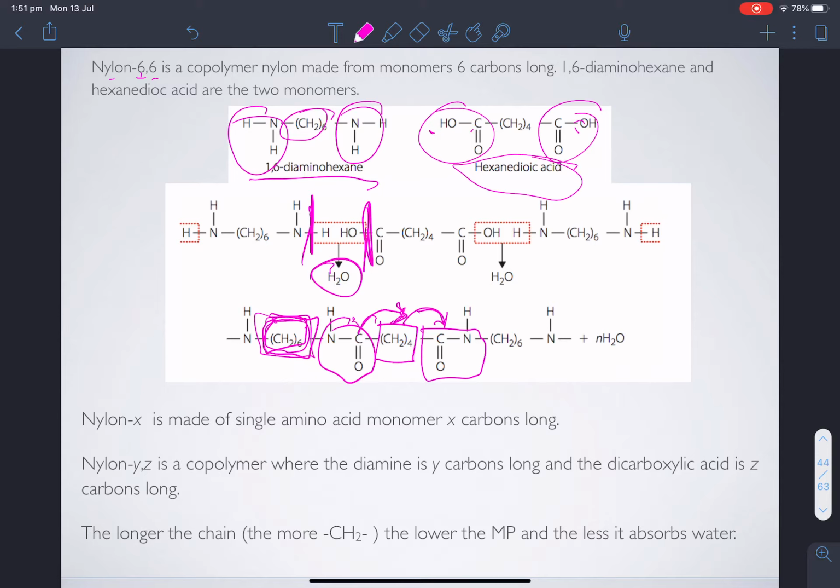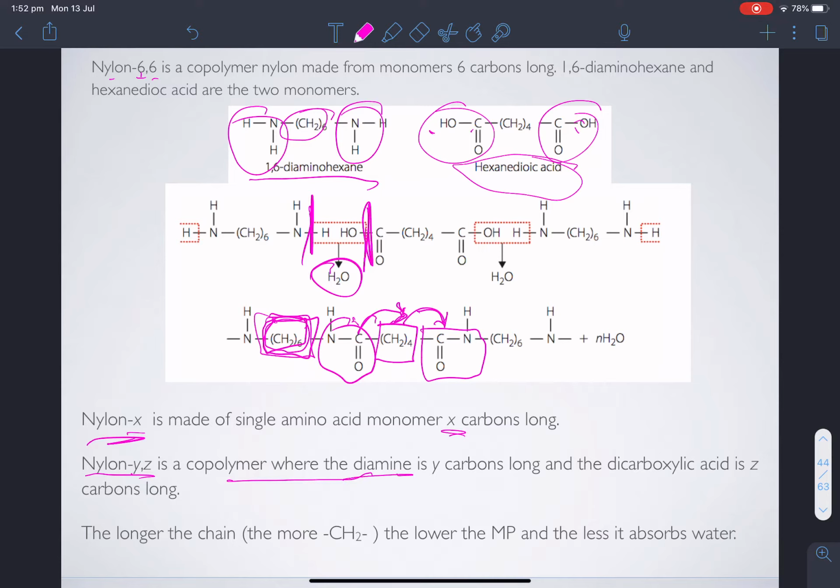The first one is the diamine, and the second one is the dioic acid. So nylon 6,6 is made from 1,6-diaminohexane and hexanedioic acid. So nylon X in general is made up of a single amino acid that has X carbons long. Nylon YZ is a copolymer diamine.